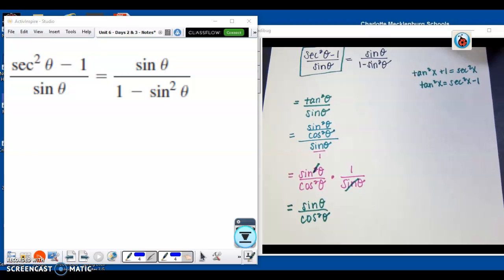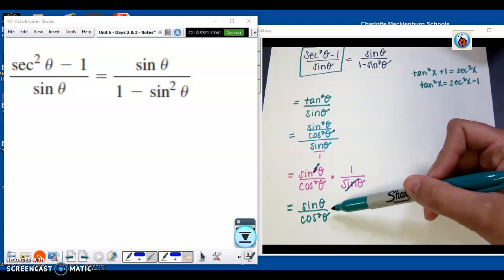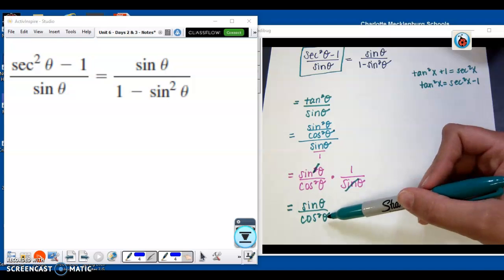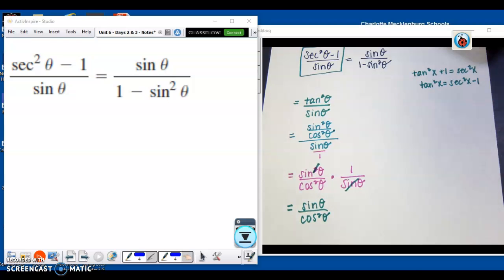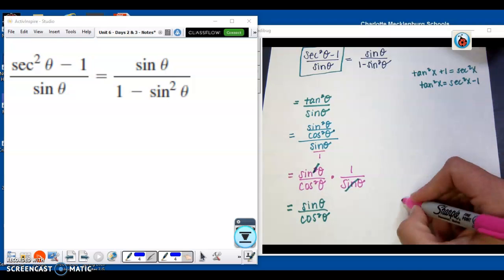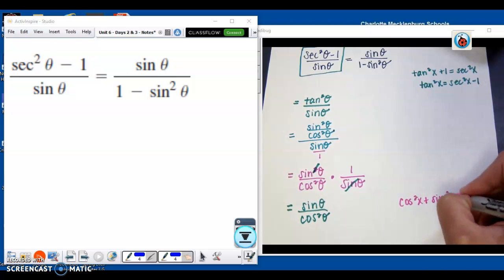Okay, so take a look. Always keep looking back at the other side of your equal sign that you're trying to show it's equivalent to. So we have the sine theta on top. It's just the denominator that's different. But cosine squared theta, isn't that equal to 1 minus sine squared theta? Let's look at why. So we know that cosine squared x plus sine squared x is equal to 1. Our main Pythagorean identity.